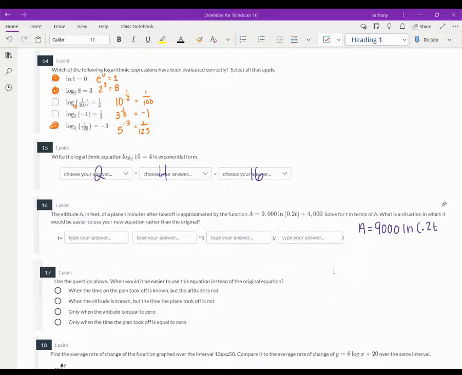I'm just rewriting my equation so that I can start doing. If I want to get T by itself, the first thing that I'm going to do is subtract 4,000 on both sides. And since A is not a like term with 4,000, there's nothing I can do other than just subtract it to the side.